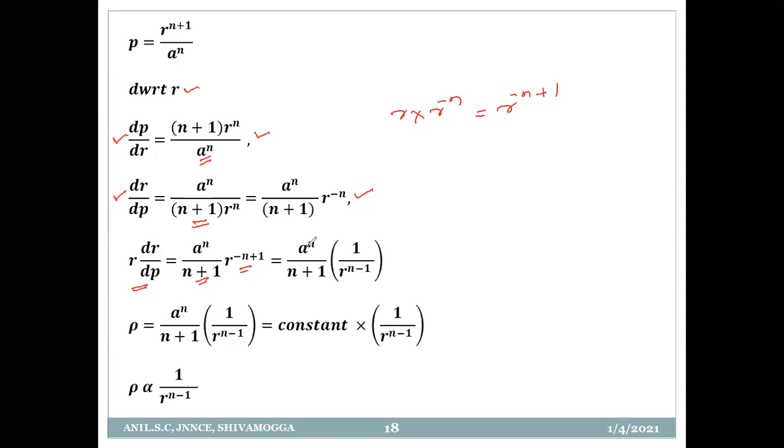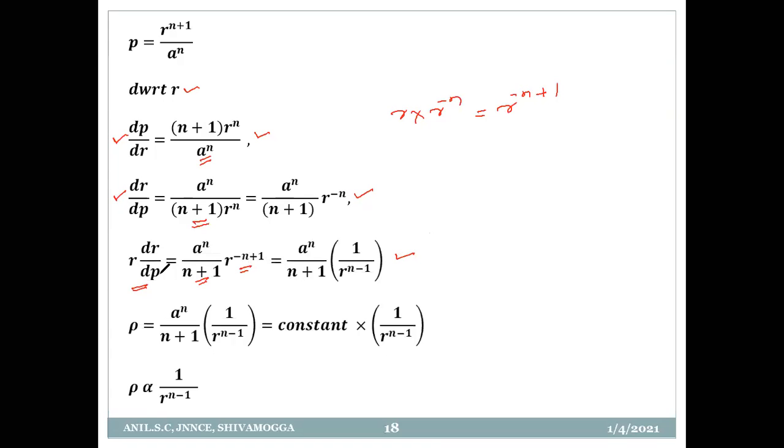This is equal to a^n / (n+1). r^(-n+1) can also be written as 1 divided by r^(n-1), as this term comes to the denominator, the sign of the index changes: minus n will be plus n and plus 1 will be minus 1.